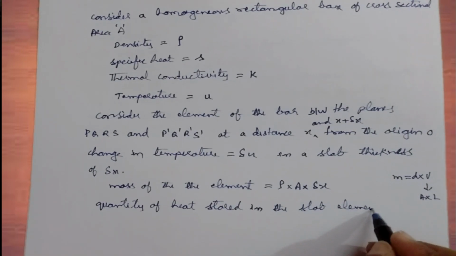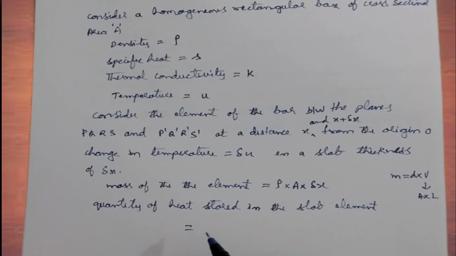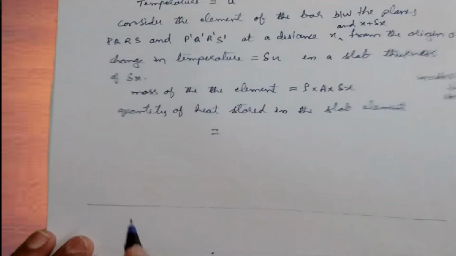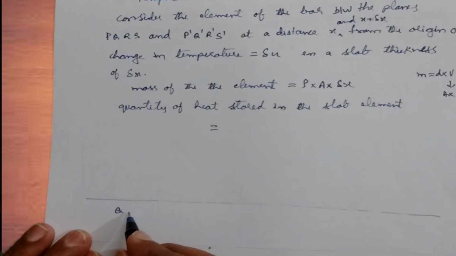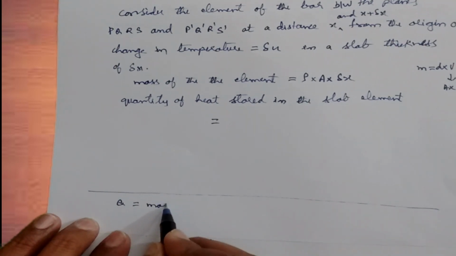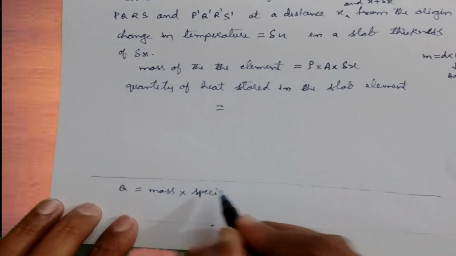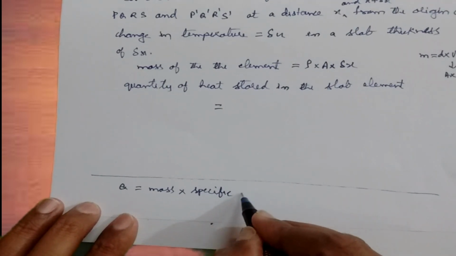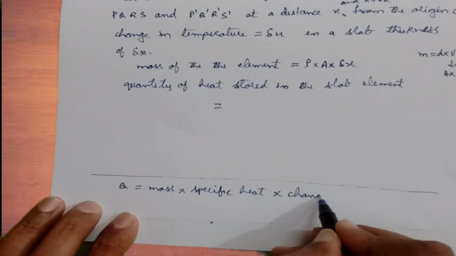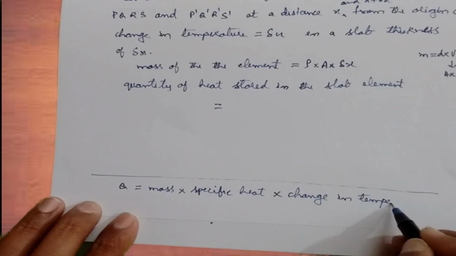The basic formula that you have for the quantity of heat stored, if I take it as Q, is mass into the specific heat into the change in temperature.